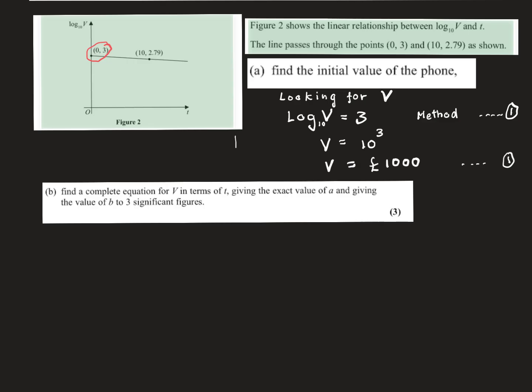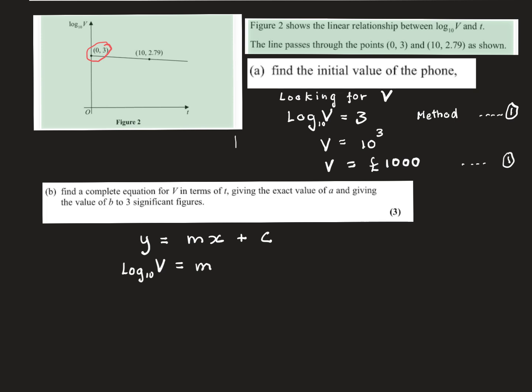One of the ways a linear function can be formed is using the formula y equals mx plus c. The y value here is obviously our log 10 V, and the gradient m will need to be calculated.